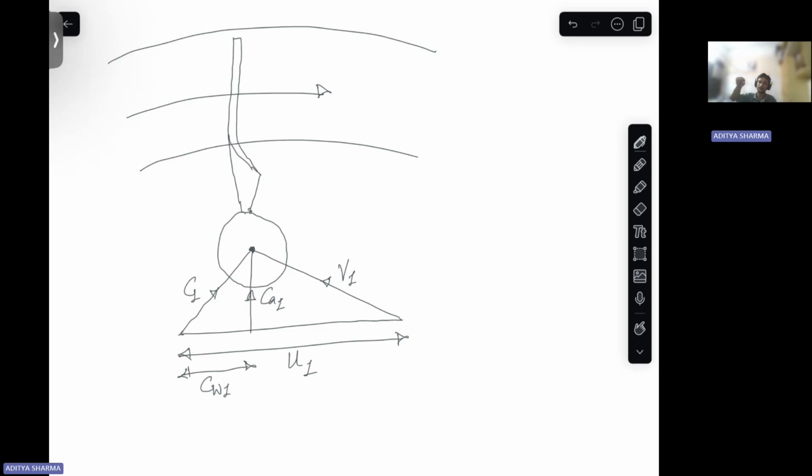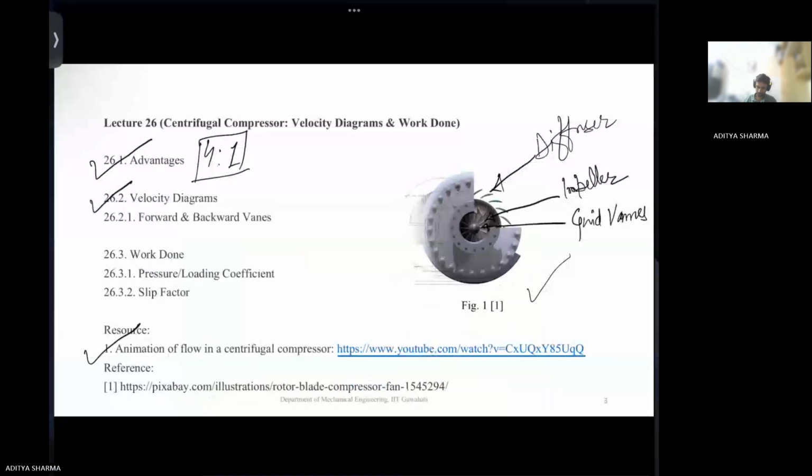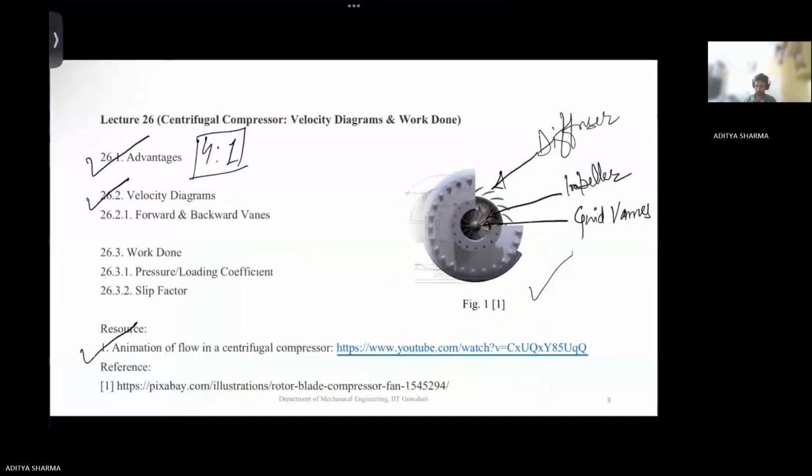And how the flow enters inside the centrifugal compressor, if you see figure number 1.